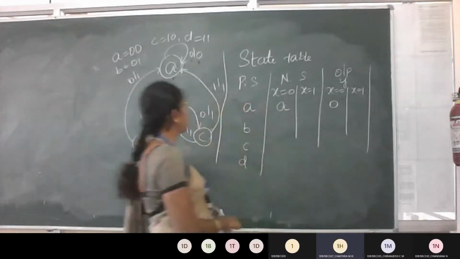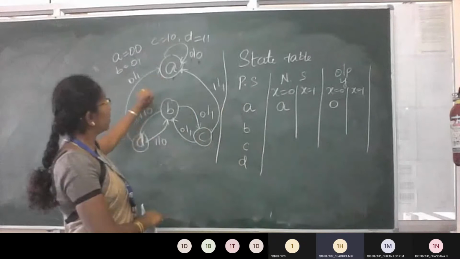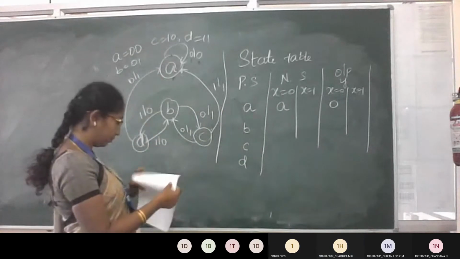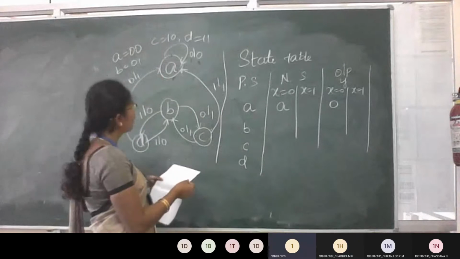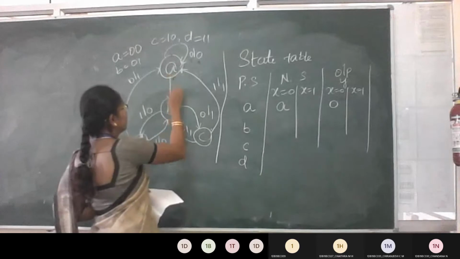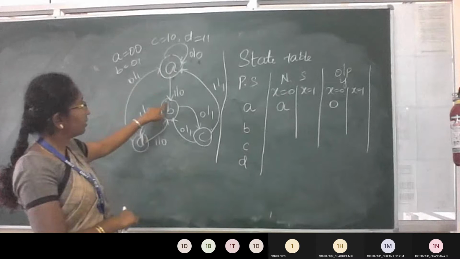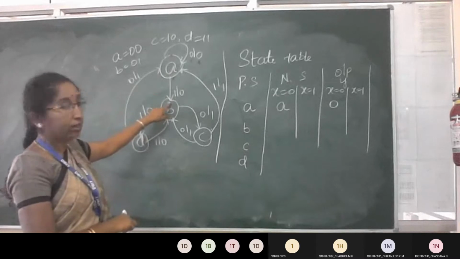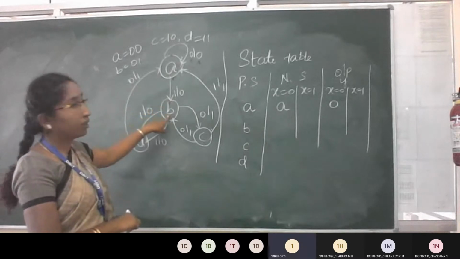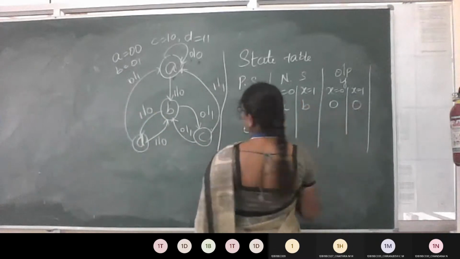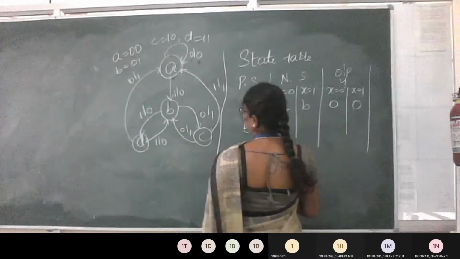When x is 1, where is it moving? B, ma'am. Just observe the direction of the arrow: it is moving to B. What is the output now? Output is 0.